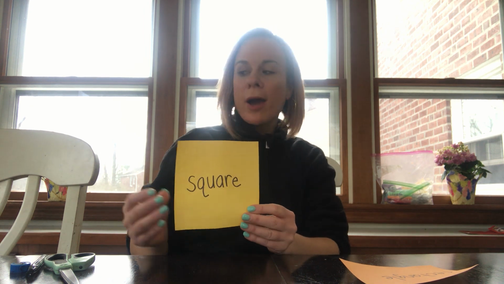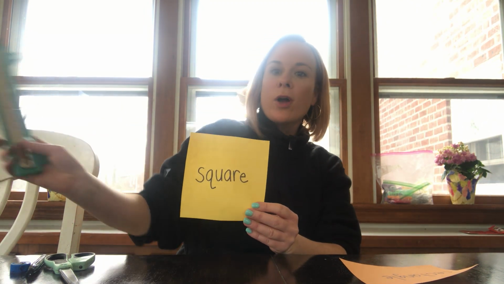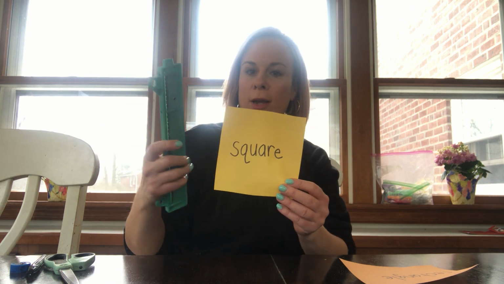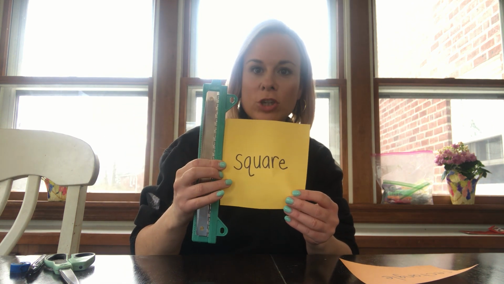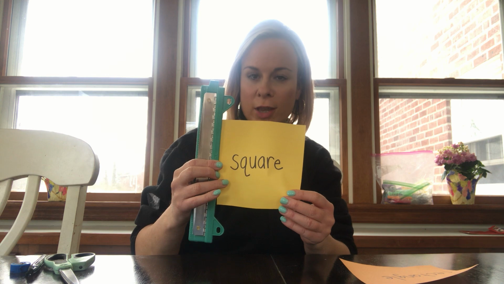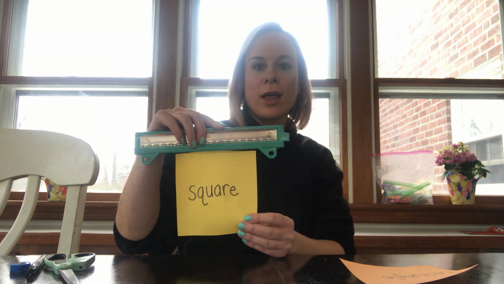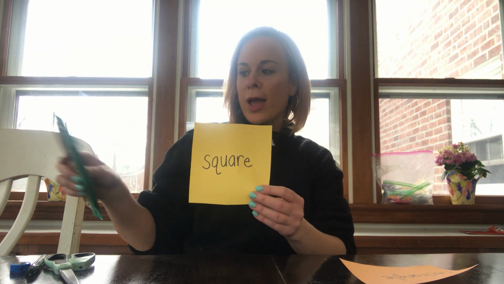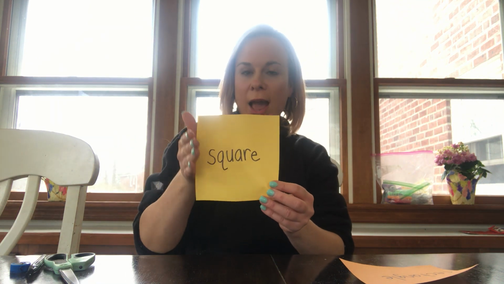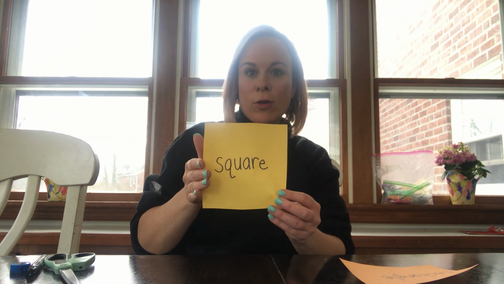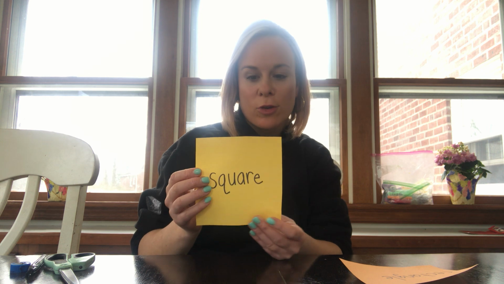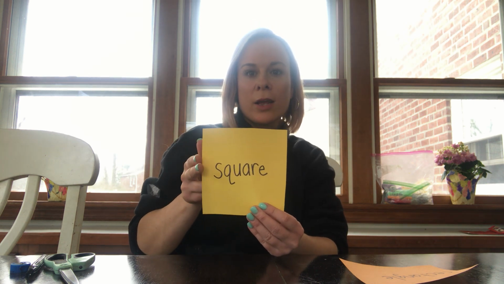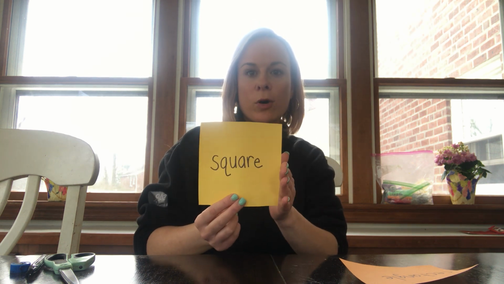And what I mean by a side is if you got your ruler out and you could measure that it's a straight line, right? There's a straight line here, there's a straight line here, and so on. Whenever you can see the actual line, you know that's a side. So you can count with me. It has 1, 2, 3, 4 sides.